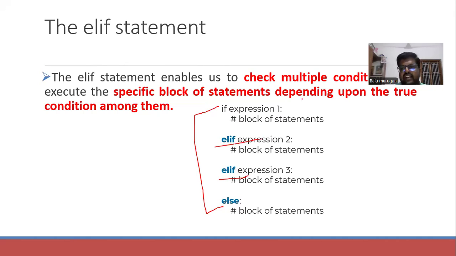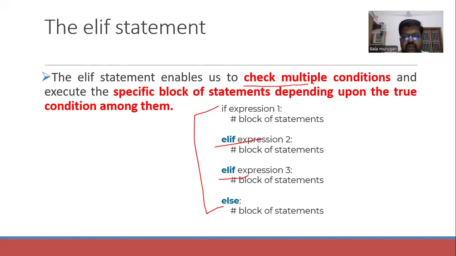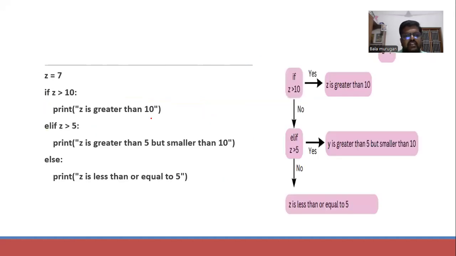If none of them is true, the else part will be executed. It checks for multiple conditions, depending upon the true condition among them. Then this example for elif: if 7 greater than 10 is false, 7 greater than 5 is true. So z is greater than 5 but smaller than 10. That particular block will be executed.